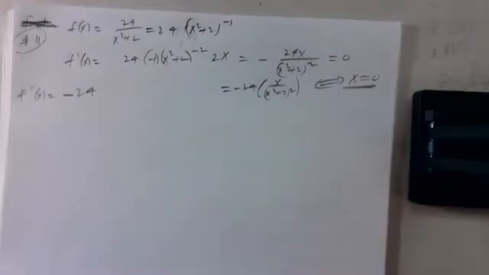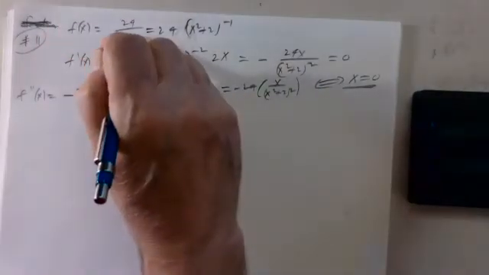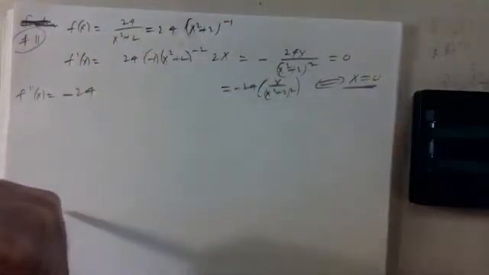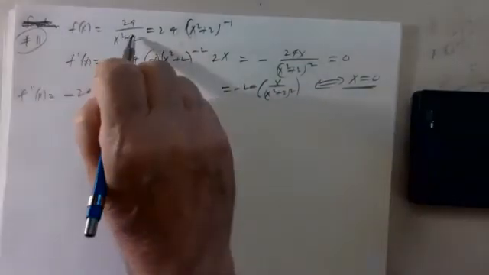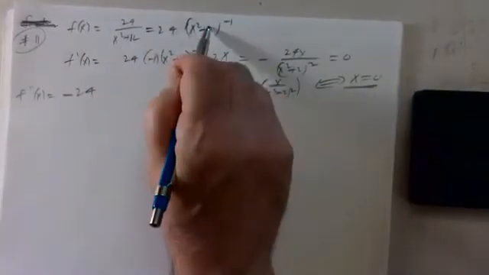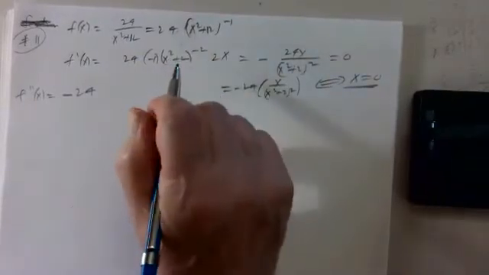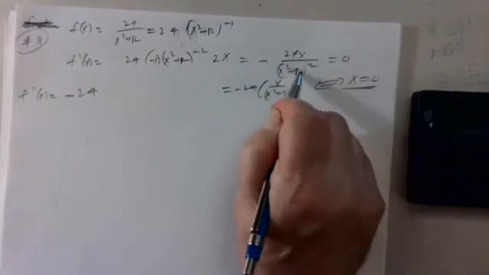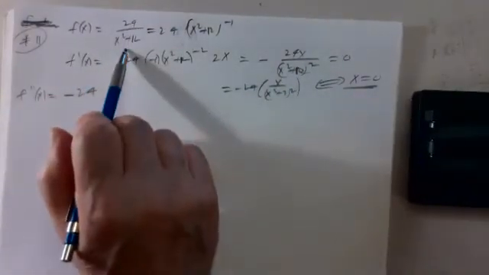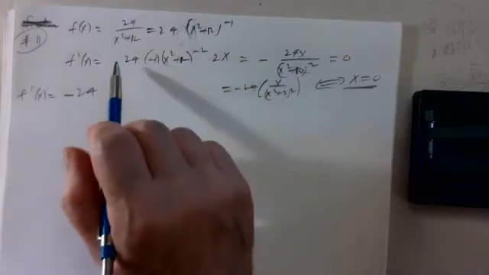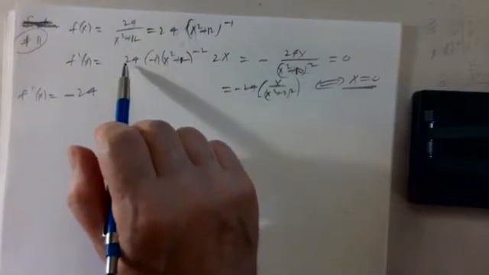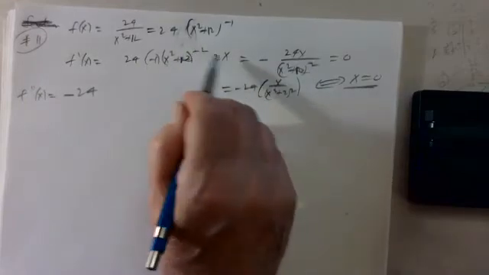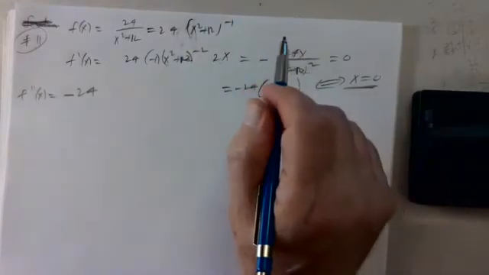Oops, I'm sorry. I wrote 24 over x squared plus 2, but someone should have pointed out I wrote the problem down wrong. It's not x squared plus 2, it's x squared plus 12. That's just a 12 there. So that doesn't change anything except that. Okay, 24 over x squared plus 12. The derivative is 24 times minus x squared plus 12 to the minus 2 times 2x.